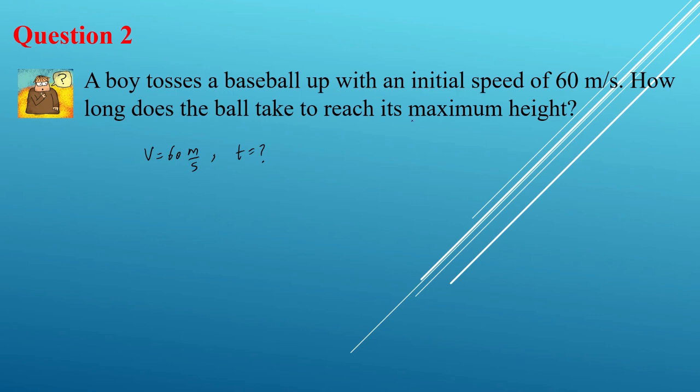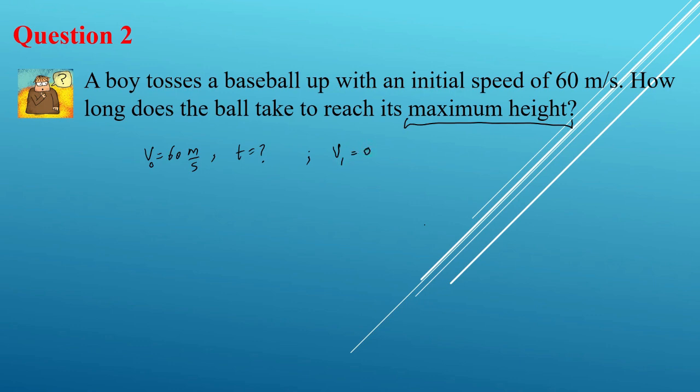So what I want you guys to notice is I have two other known parameters here. Let's talk about the maximum height, right? Of course, I don't know the height. I have no knowledge about it, but maximum height tells me that v is equal to 0.